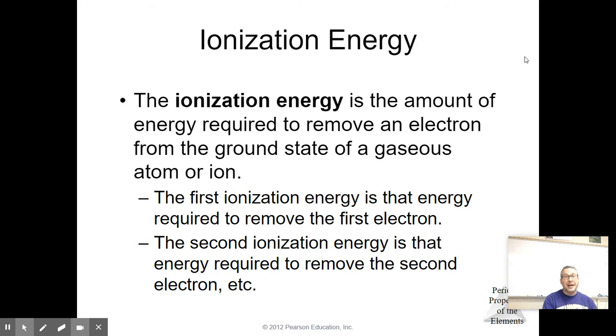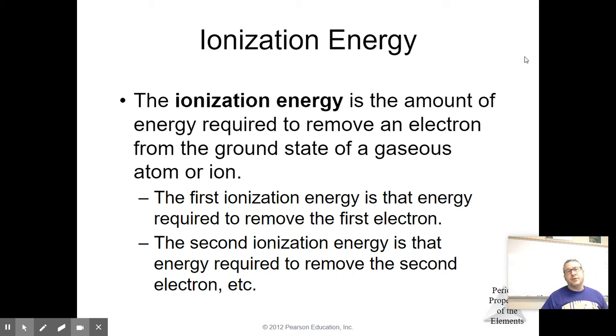It's got the word ion in there, and energy. So it's the amount of energy required to remove an electron from the ground state of a gaseous atom or ion. So it's the energy required to remove electrons to form ions. That usually is associated with the formation of cations.